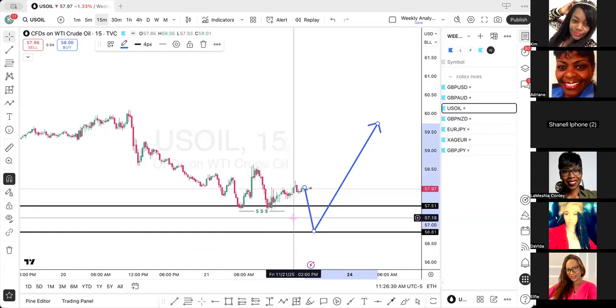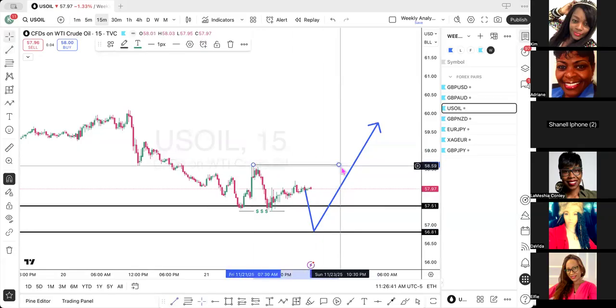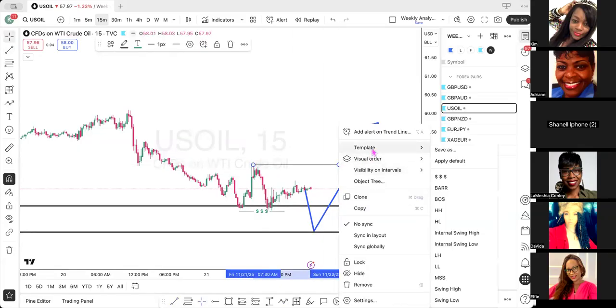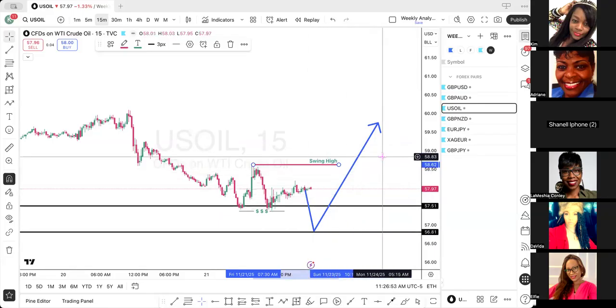So that's what I think oil is going to do. Of course, unless it breaks this swing high, 15-minute swing high. So that's my thoughts on oil.